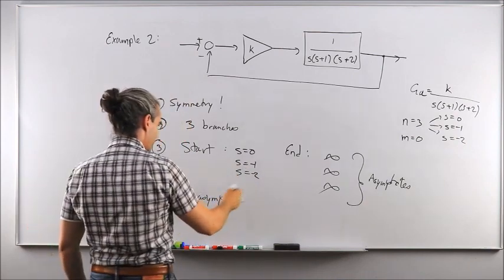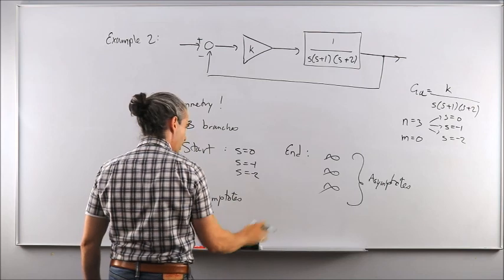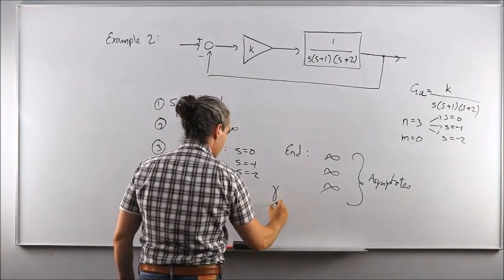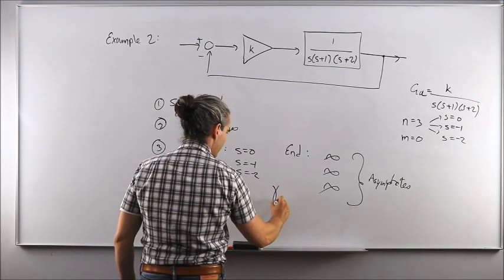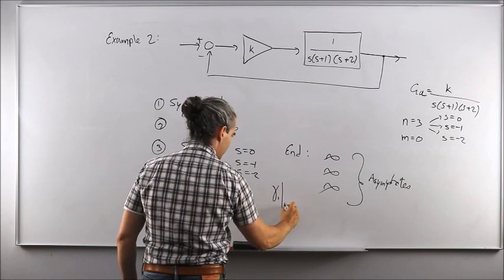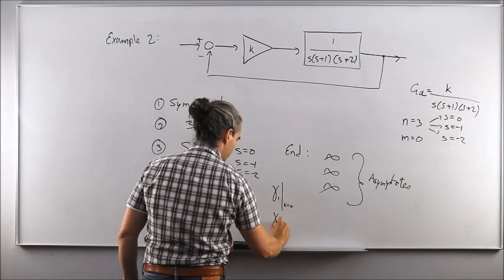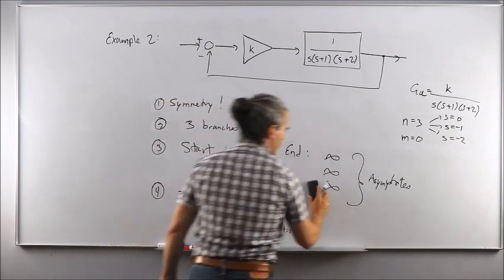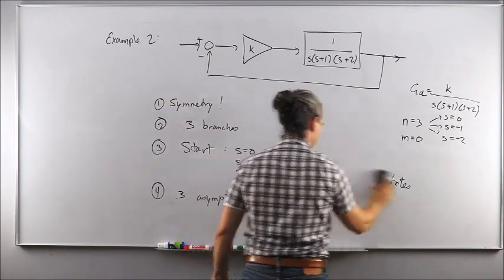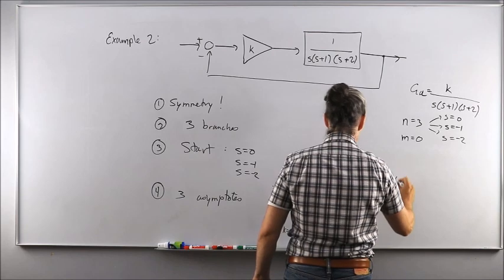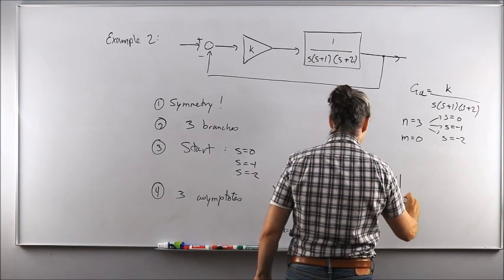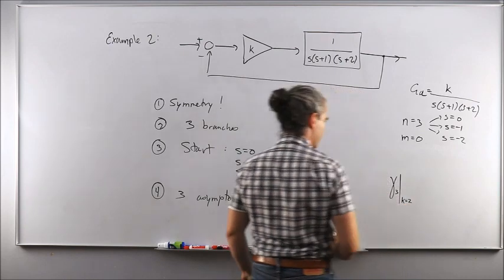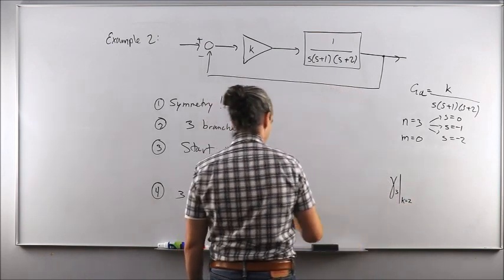Well, what about their respective direction measured counterclockwise from the real axis? Where I've got gamma 1 calculated with k equals 0, gamma 2 calculated with k equal 1, and gamma 3, the third one, calculated with k equal n minus m minus 1, that would be 2.